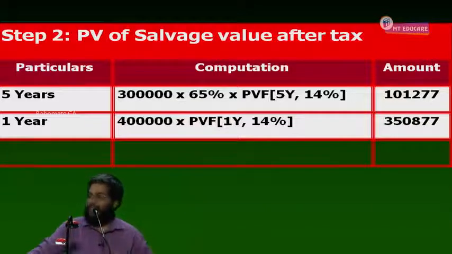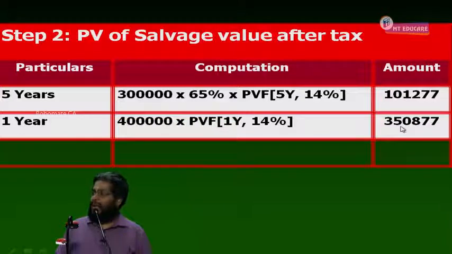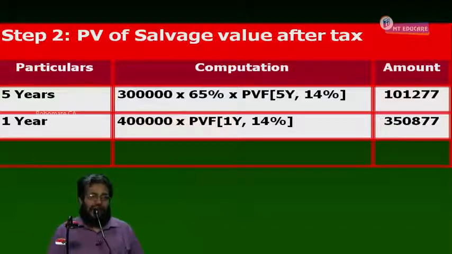3,50,877. Respond yes or no? My question is, can I get a salvage value of 1 lakh and odd, or 3,50,000 and odd? Will I get 1 lakh or 3,50,000, or should I expect the average? Average, what average? Weighted average, as per the respective probabilities.